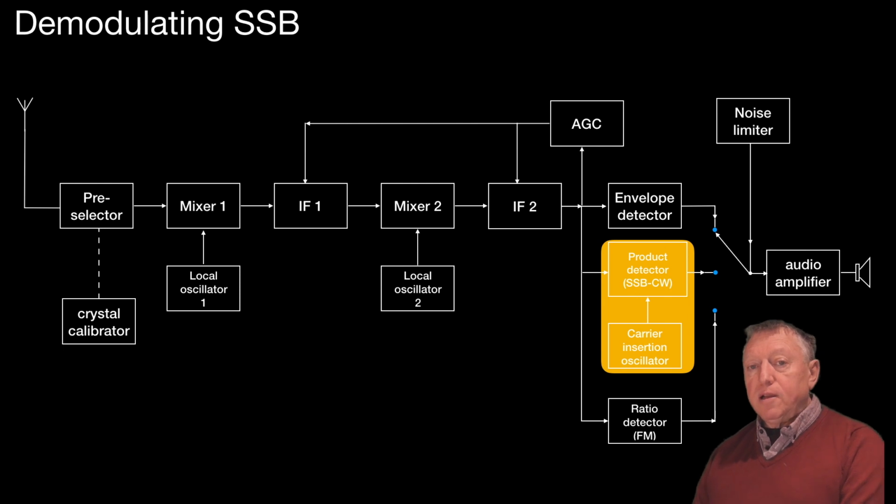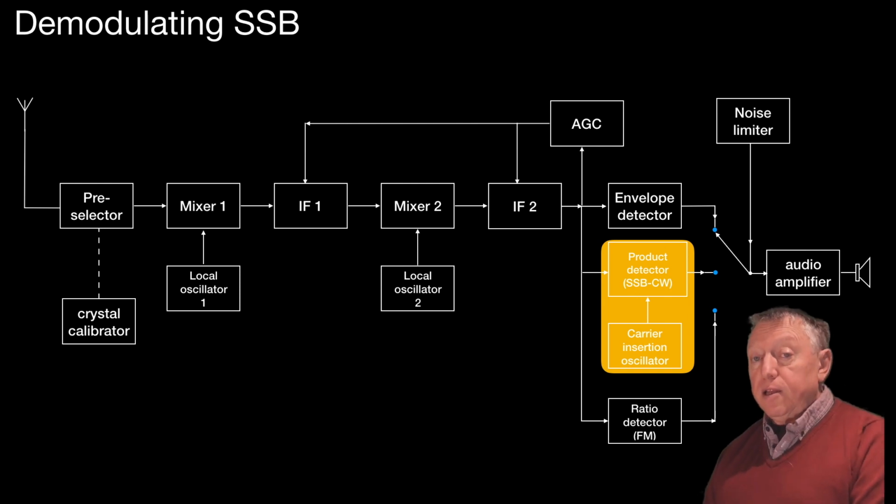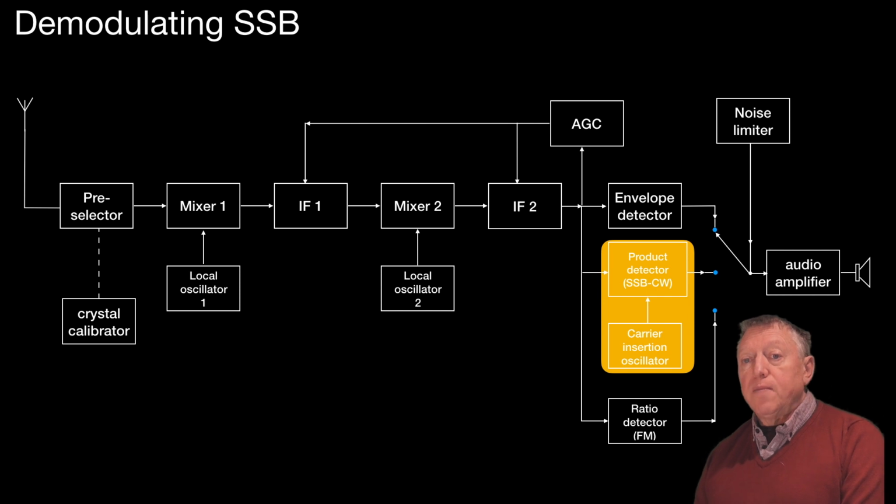And the product detector works in conjunction with a carrier insertion oscillator. Now you will recall that SSB is a single sideband where we have stripped away the carrier and the other sideband. So sometimes we're sending just the upper sideband, or sometimes just the lower sideband.